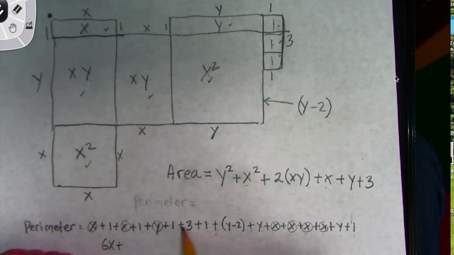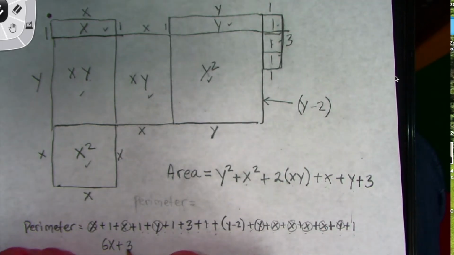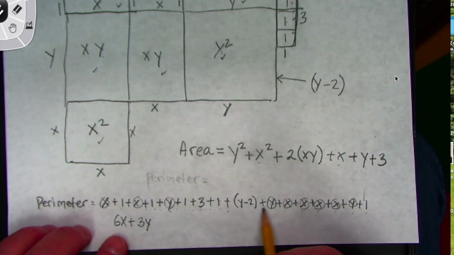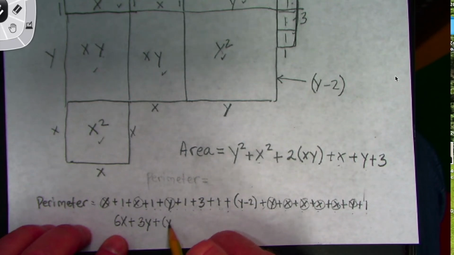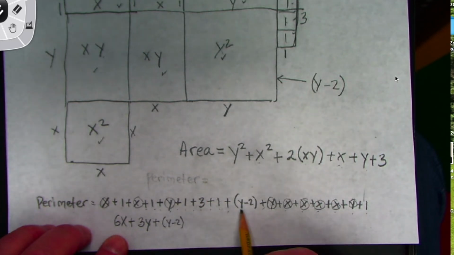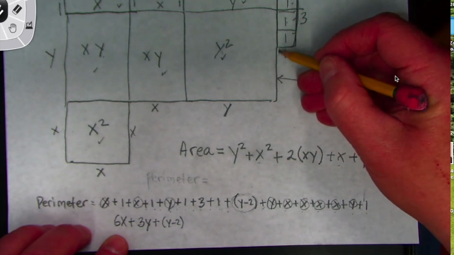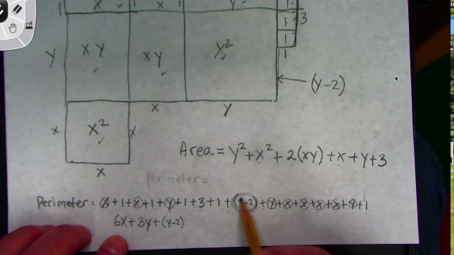6x plus how many y's? 1, don't count that one. 2, 3. 6x plus 3y plus y minus 2, because that is a unit of measure. That is what we've measured here. That's this length right here. So it's its own little measurement.